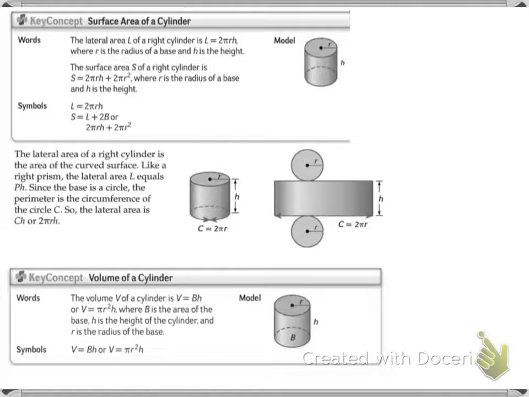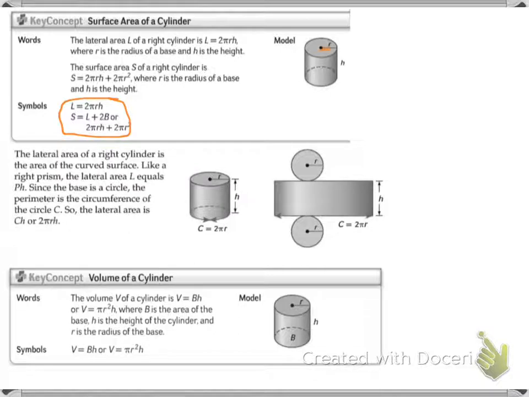Okay, and so here we'll go ahead and cover the formulas for lateral area, surface area and volume of a cylinder. So lateral area of a cylinder, here are your formulas right here. Lateral area is going to be 2 pi r h, r is your radius, h is your height.